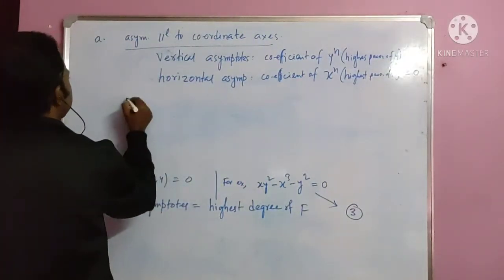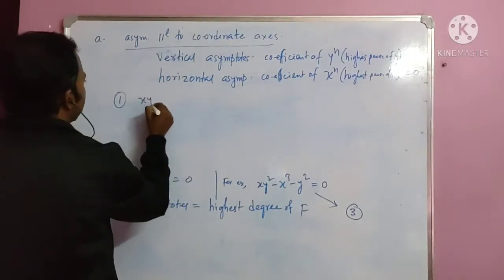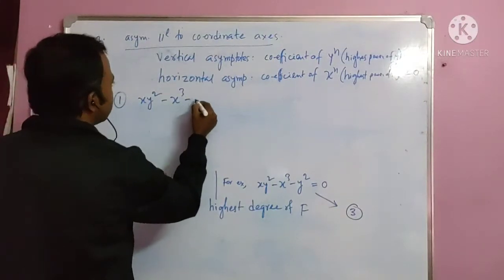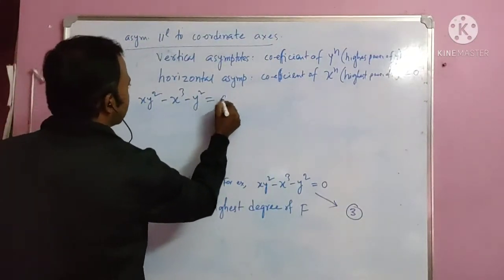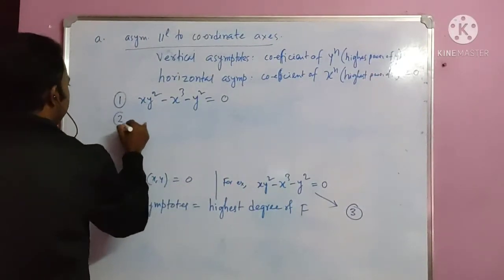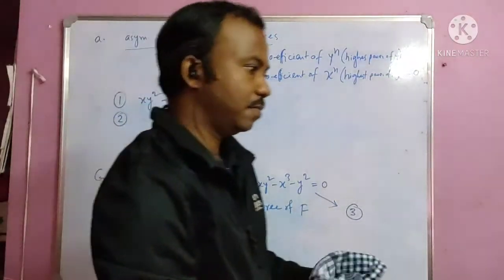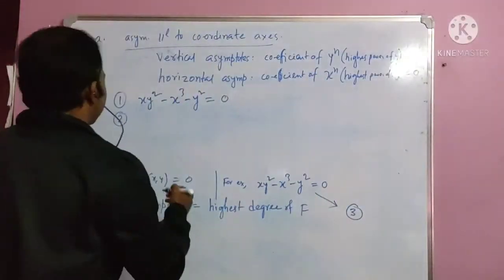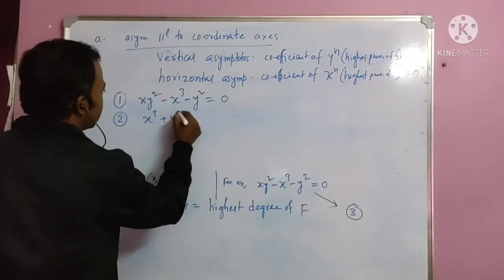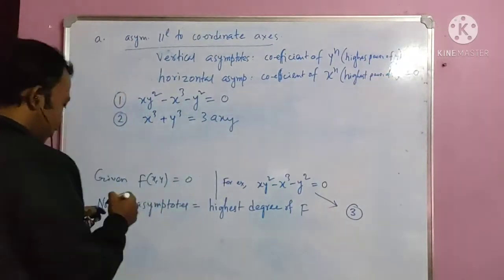So the problem is number 1, f of x, y equals xy square minus x cube minus y square equals 2. Let's take another one: x cube plus y cube equals 3a xy. We're going to solve this.